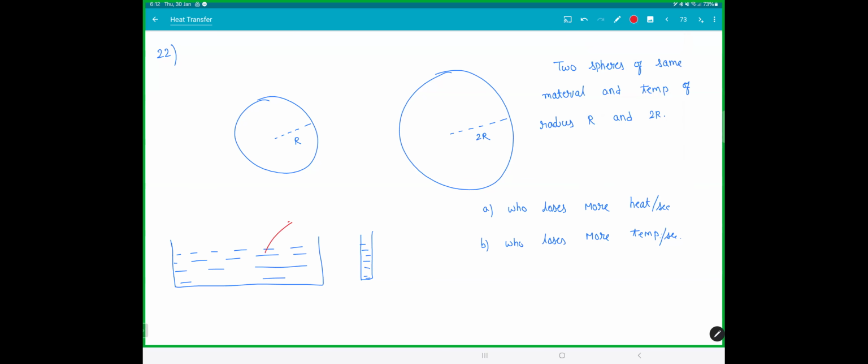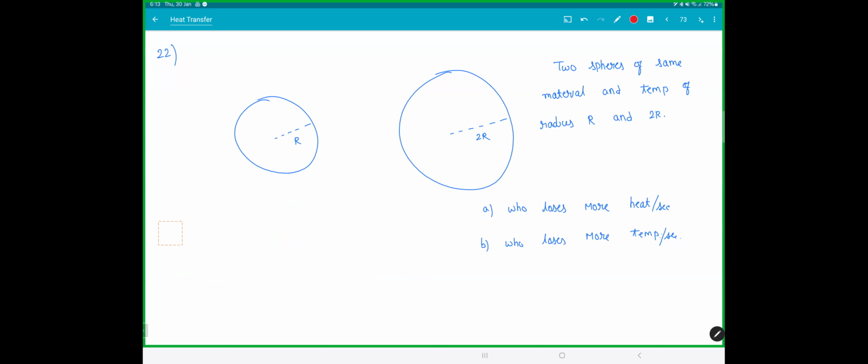From the big one, if I remove 10 liters, the water level will change only a little. But from the thin one, if I remove 2 liters, the water level will drop this much. Even though I lost more water from the first, I lost more height in the second. Just because you lost more water doesn't mean you lose more height. Heat and temperature are like this. Heat is like the amount of water, and height is like the temperature. So a body can lose more heat, but lose less temperature.